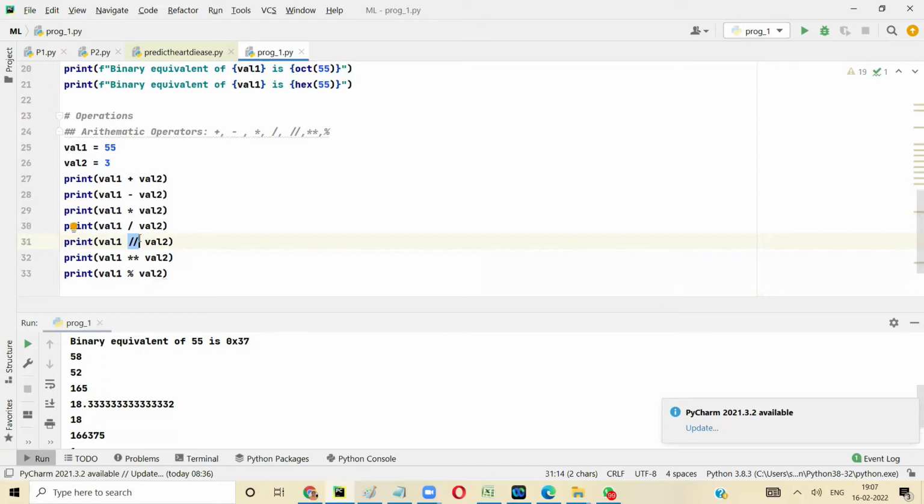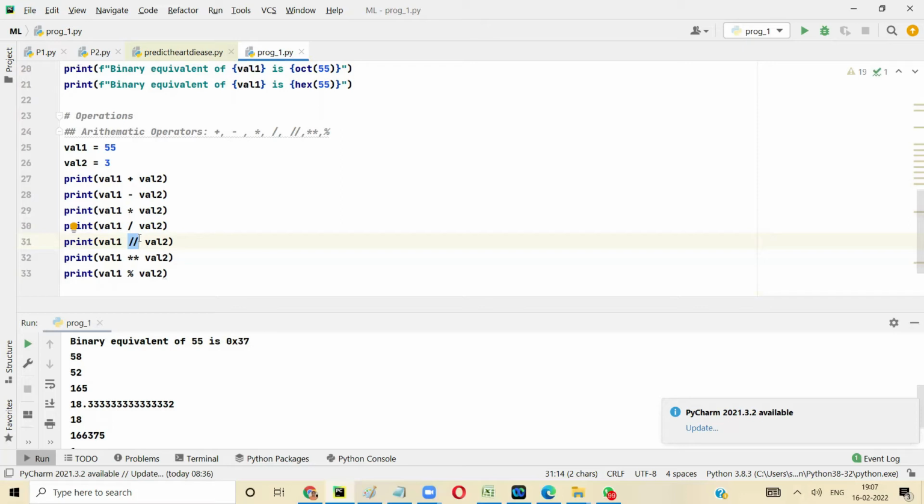So 55 divided by 3 is 18.33. The 0.33 is removed. You get only 18, not 18.0. Even if I say 60 by 3, I'll get 20, not 20.0. So the output is an integer.